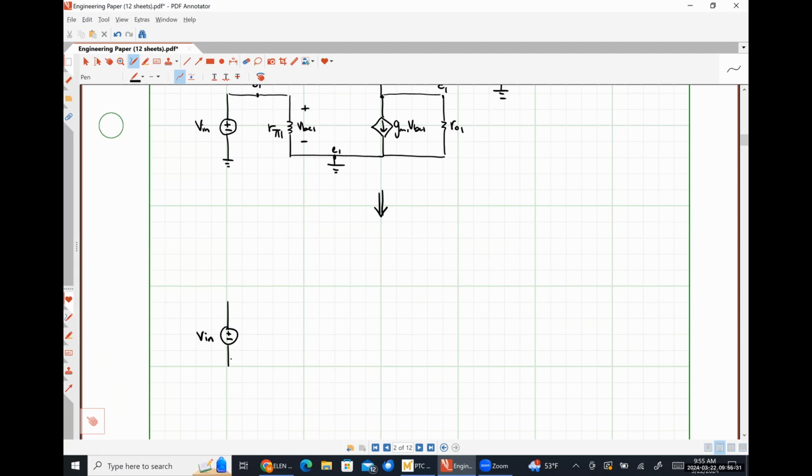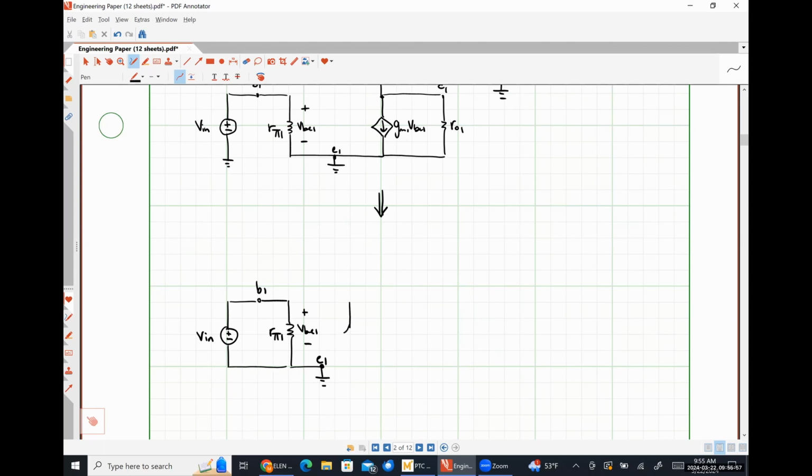So here's VN. Here's R pi 1, VBE1, here's my node E1, my node B1.